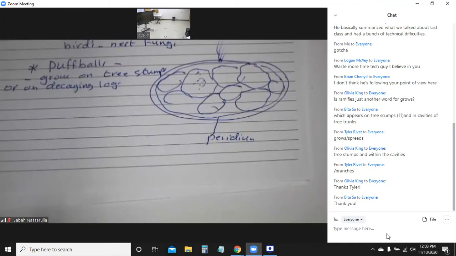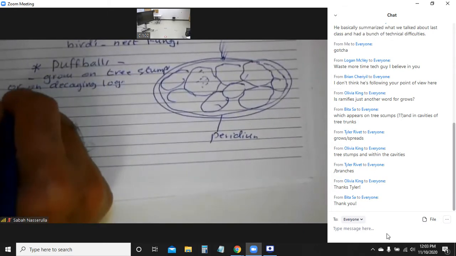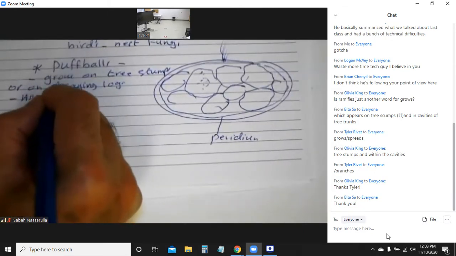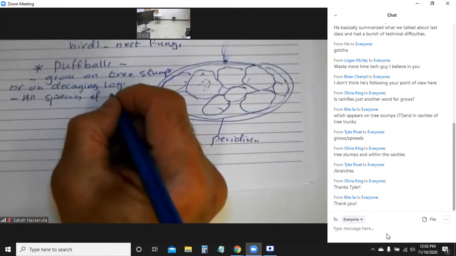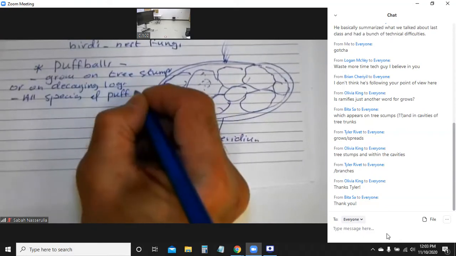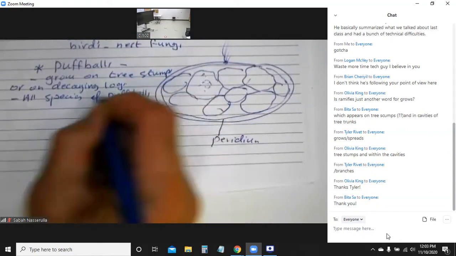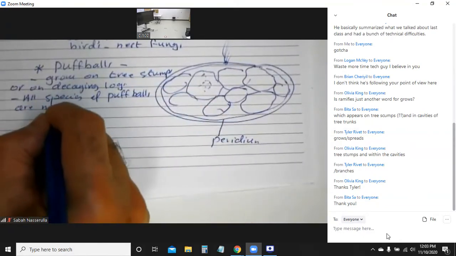Basically all the species of puffballs are supposedly non-poisonous. All species of puffball are not poisonous.